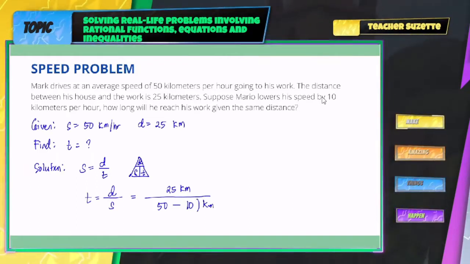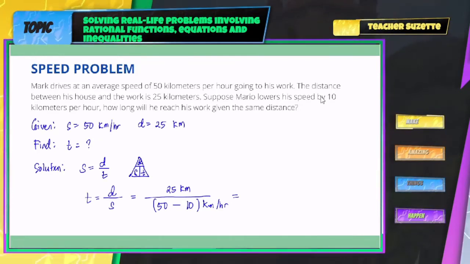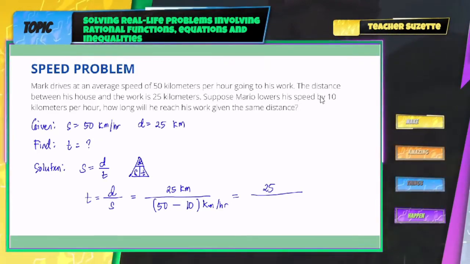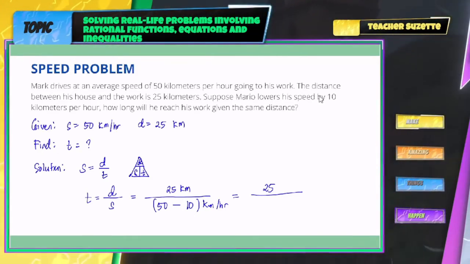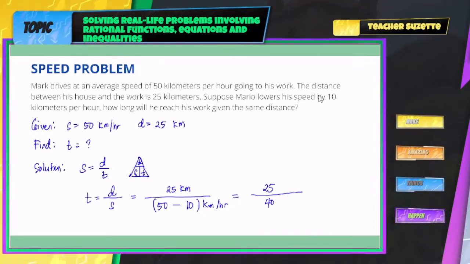So, yun yung ating magiging denominator. Solve lang po natin. We will have 25 sa ating numerator. And sa ating denominator, 40 na lang. So, that is 50 minus 10, which is equal to 40.